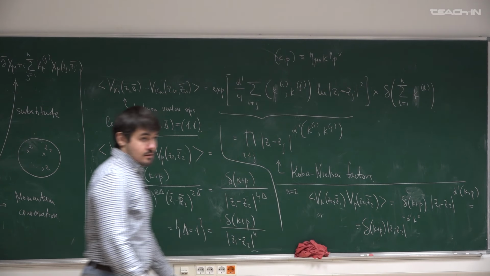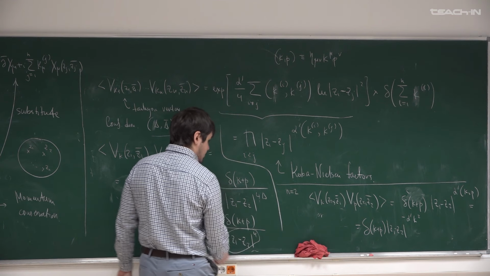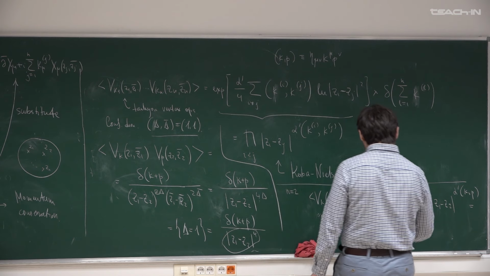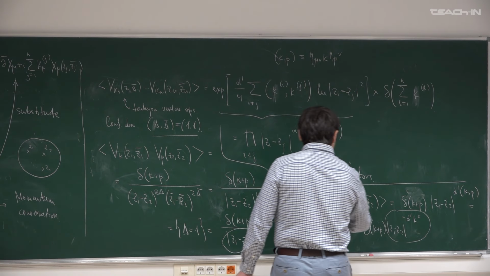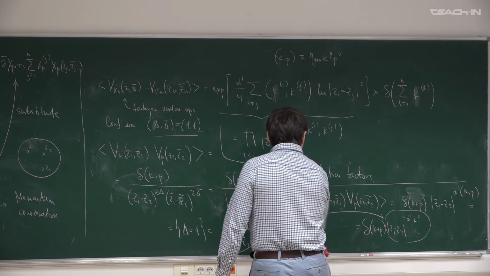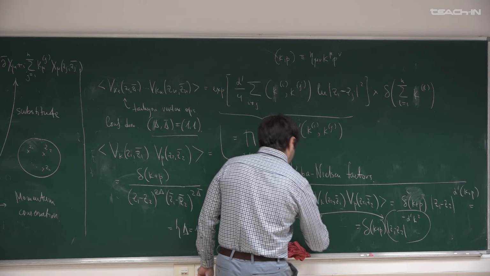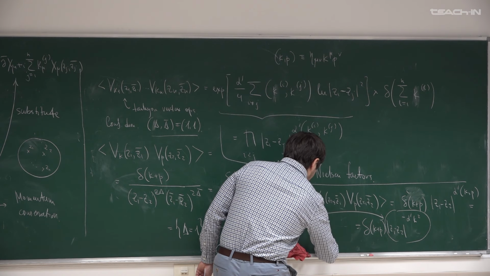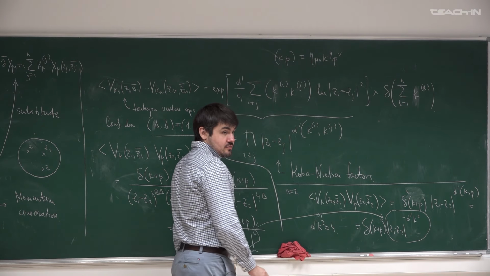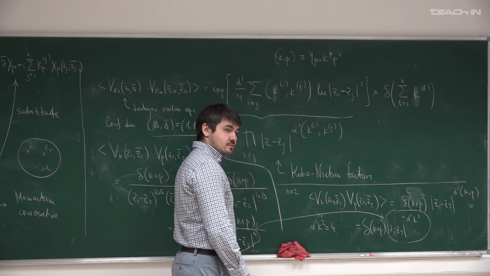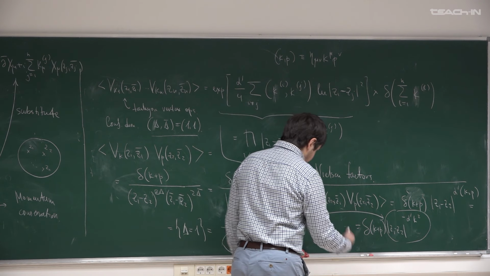Right. And now you compare that answer with this answer here, to find that alpha prime k squared is 4. And that's the mass shell relation of the tachyon operator. K squared is minus m squared.